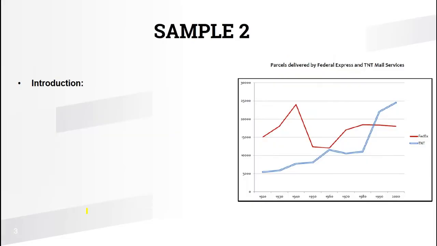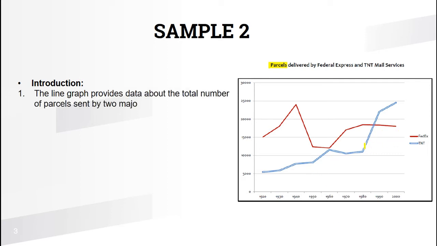Here we go, sample number 2. The sample says parcels delivered by Federal Express and TNT Mail Services. If someone doesn't know what a parcel is, it is something like mail, when you send items using mail. Again, the first structure: a line graph provides, and instead of provides you can use any other word, data about the total number of parcels sent by 2 major companies in a period of 80 years starting from 1920.